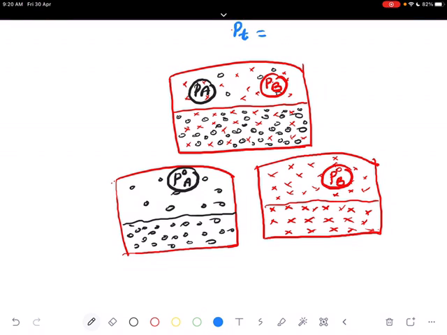P total is equal to PA plus PB. Now, there is an XA, there is an XB. What is XA? XA is the mole fraction in the solution. XB is the mole fraction in the solution.